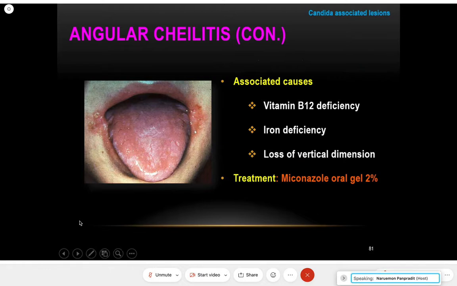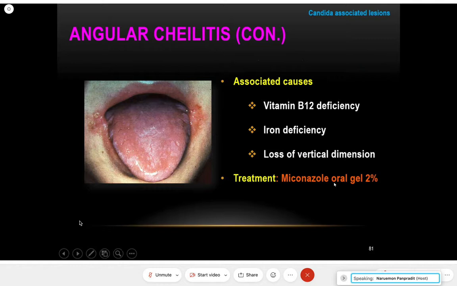The main cause of angular cheilitis is candidal infection together with bacterial infection. In fewer cases, maybe it comes from vitamin B12 deficiency, iron deficiency, or loss of vertical dimension. Those are less common causes, but the most common are fungal and bacterial infection.